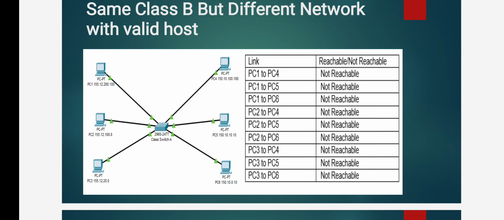They're all not reachable for each other because the left side of the image has the network part of 155.12, and in the right side the network part of PC4, 5, and 6 is 150.10.